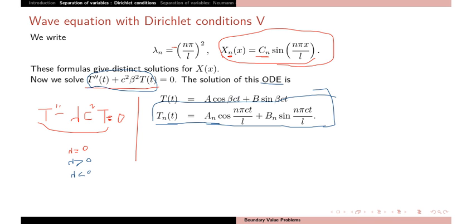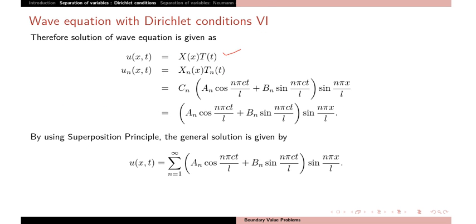And now we multiply these two, X and T. Since u equals X T, then u_n is also X_n and T_n, so multiply both. C_n sin(n pi x by L), this is X, and this is capital T. Now I am keeping C_n inside, so C_n A_n is again a new constant, A_n, and C_n B_n is also B_n.